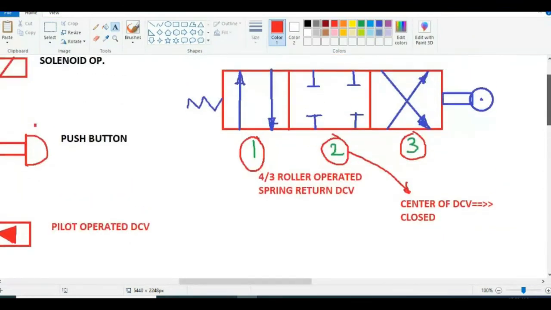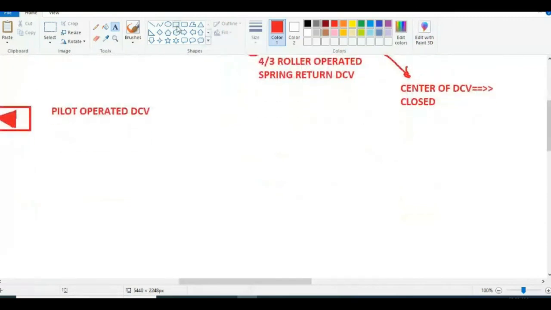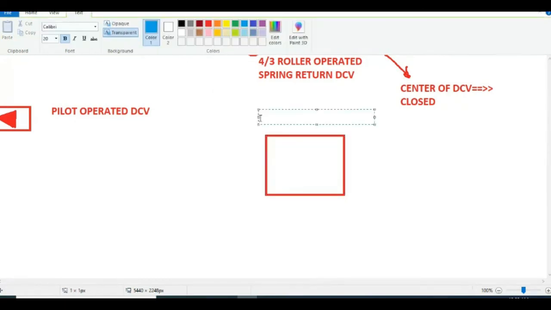Based on the center position, direction control valves are classified into different types. I am just going to show here the different center positions in the direction control valve.